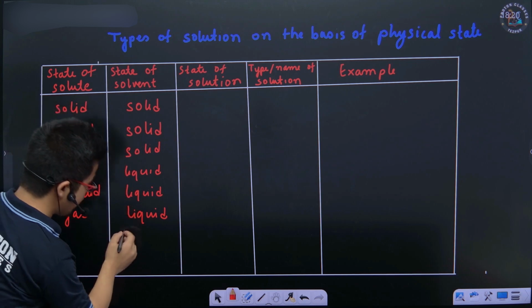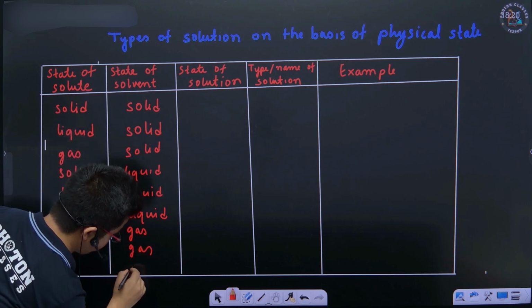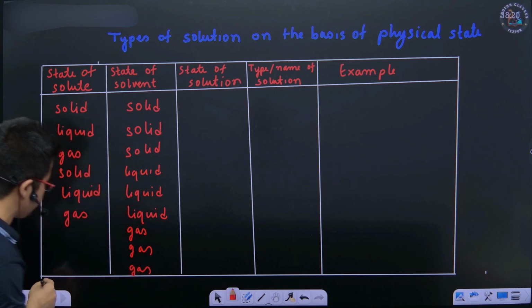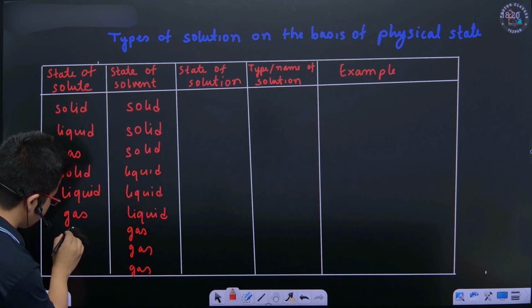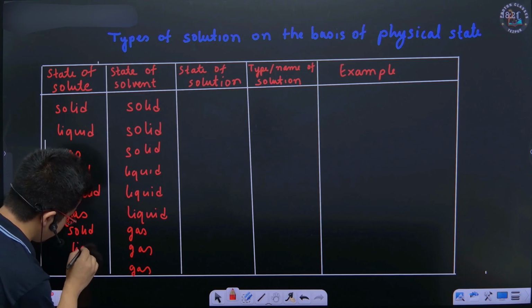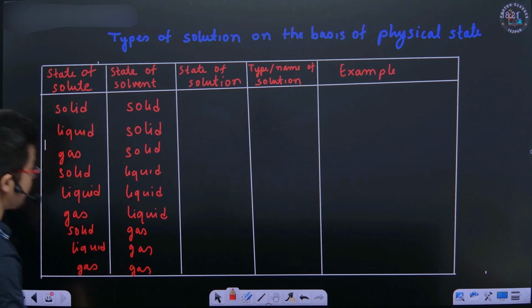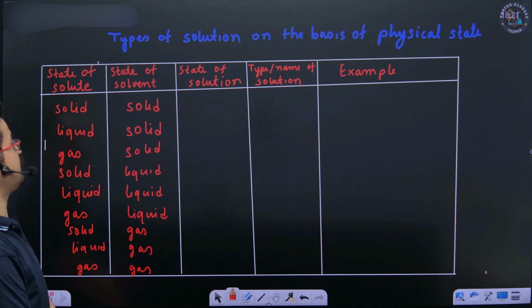Similarly, if I keep the state of the solvent as gas, we will be getting the next 3 types of solution. When the solvent is in gas, the solute can be in solid state, or liquid state, or gas state. So in this way we will be getting a total of 9 different types of solution on the basis of physical state.